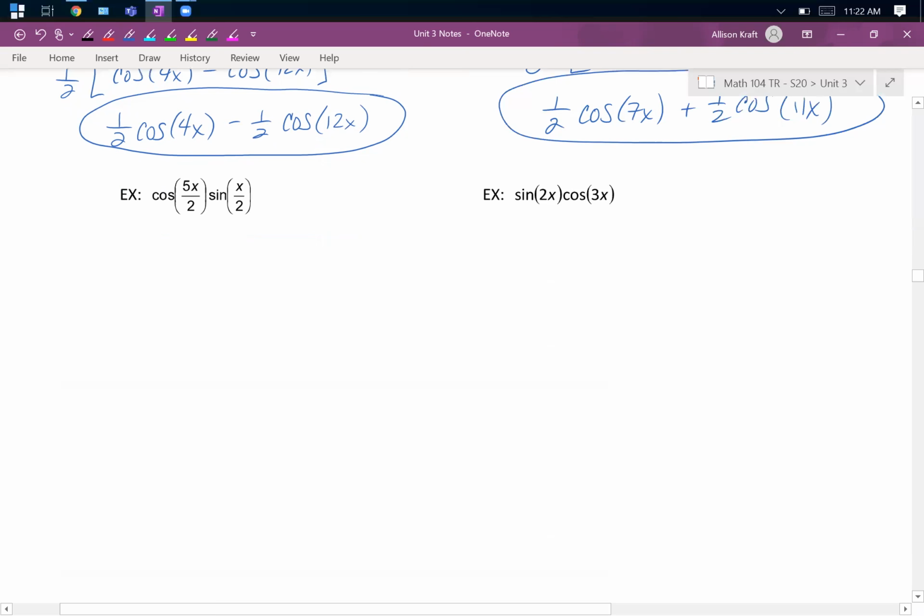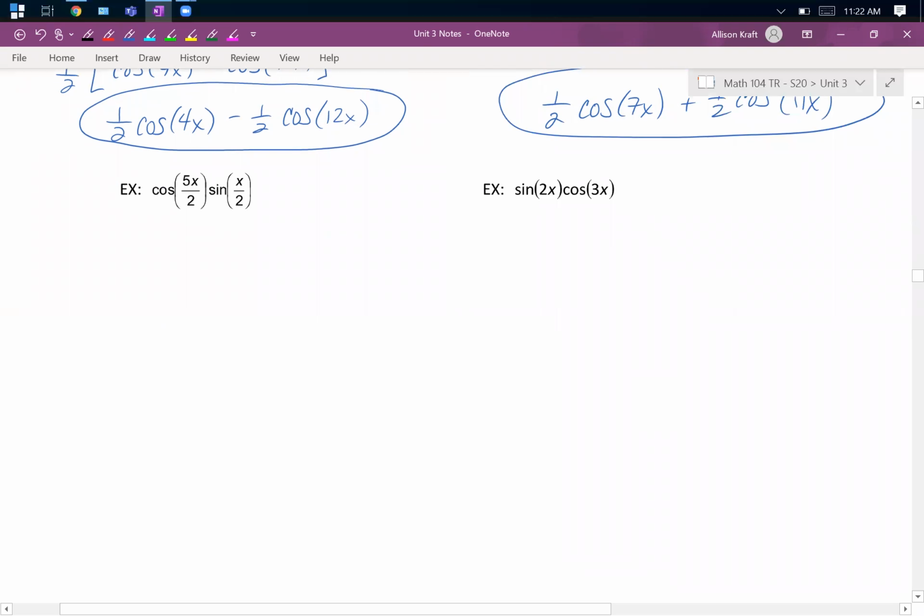Next, we have cosine 5x over 2 times sine of x over 2. So we have cosine times sine. That means we're going to use our bottom right formula, alpha and beta. I'll have 1/2 times the quantity sine of 5x over 2 plus x over 2 minus sine of 5x over 2 minus x over 2.